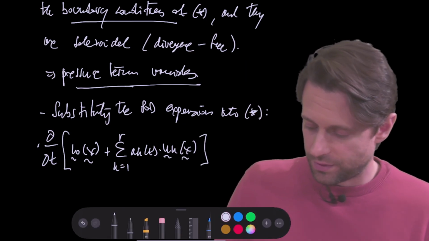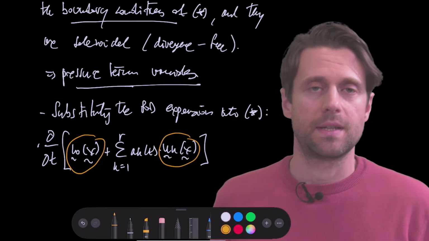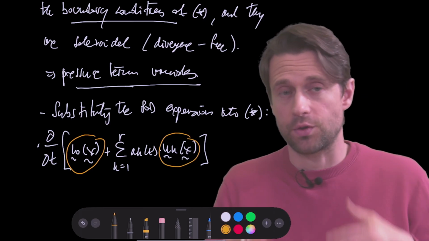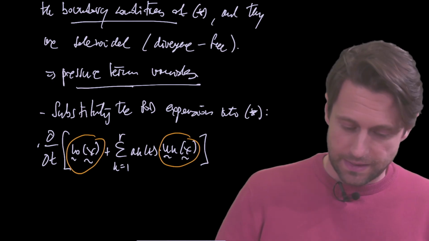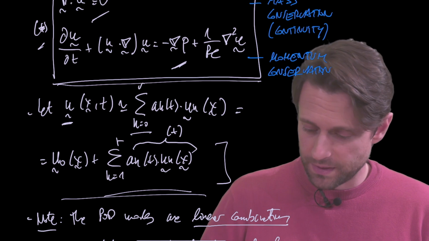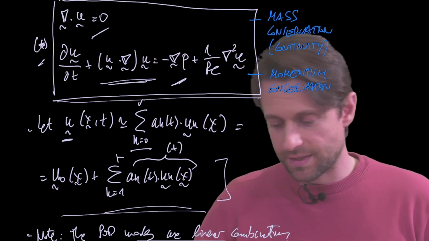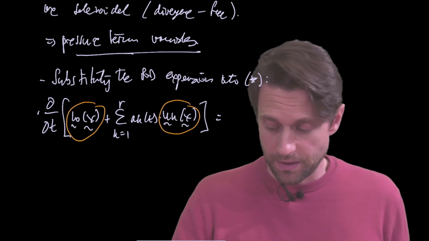Important note, obviously this term and these terms are constant with time, so that means that they will come out of the derivative in the next step. And that's equal to, and of course we are now moving the convective term to the right hand side, so that minus here will be associated with the convective term.